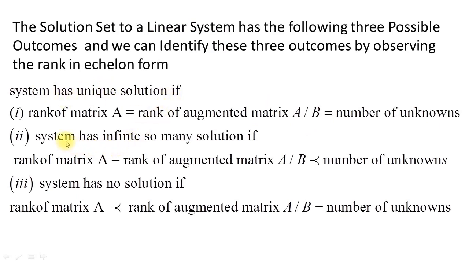And if the rank of A is equal to the rank of the augmented matrix, but the rank of the augmented matrix is less than the number of unknowns, then the system has infinitely many solutions. And if the rank of matrix A is less than the rank of the augmented matrix, then the system has no solution.